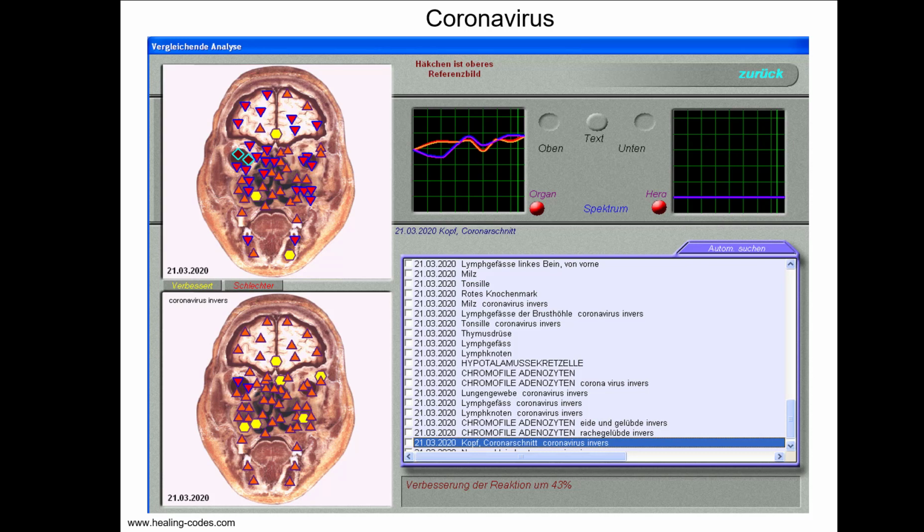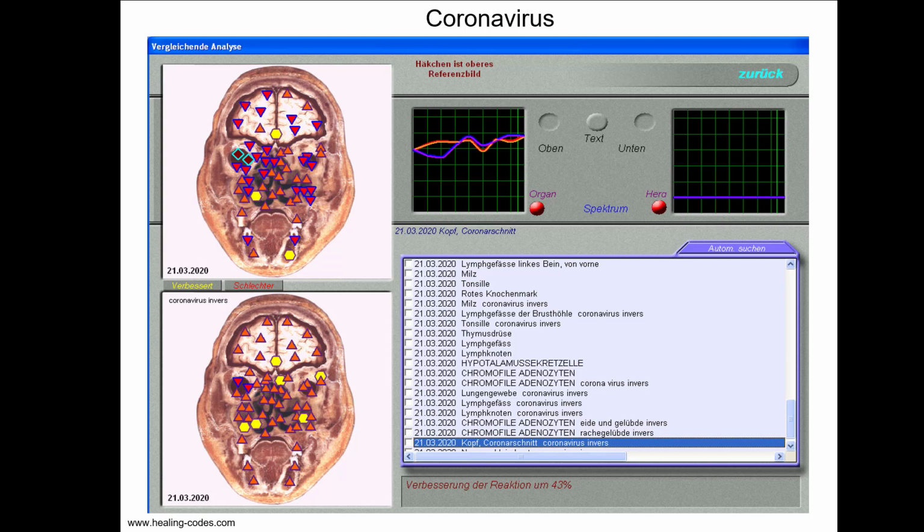If the coronavirus is now inverted by removing the information of the virus from the observation in a so-called Vigito test, the result is the picture shown below, which is 43% better than the initial result above.